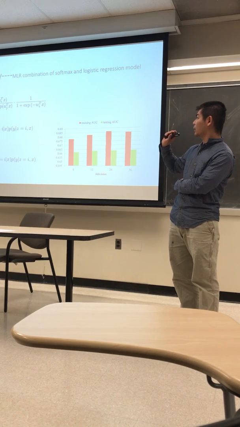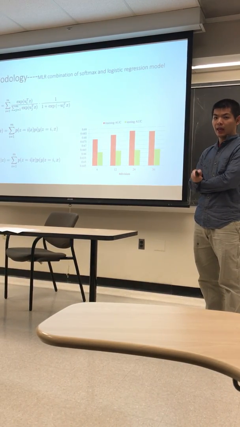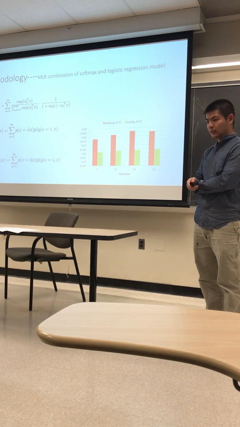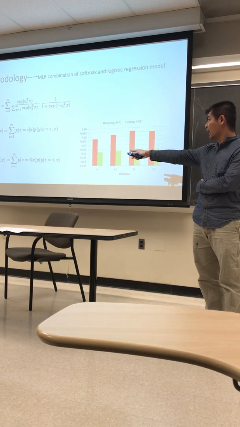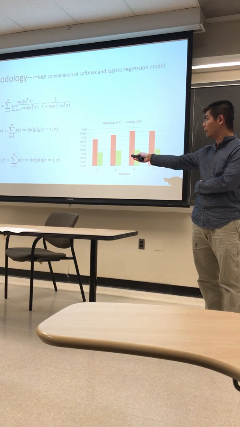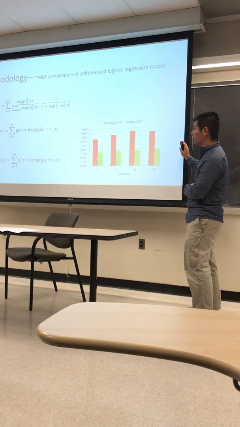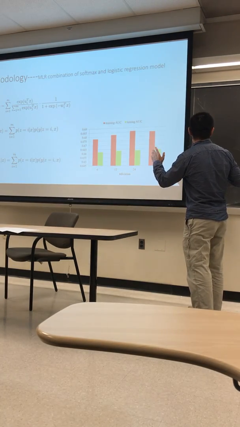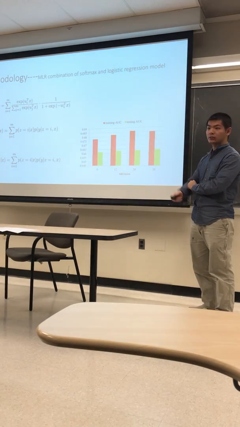On the left-hand side, actually, it is called the MLR, the mixed logistic regression model. It is actually a combination of softmax and logistic regression. On the right-hand side are the basis functions, and on my left-hand side is the AUC function.